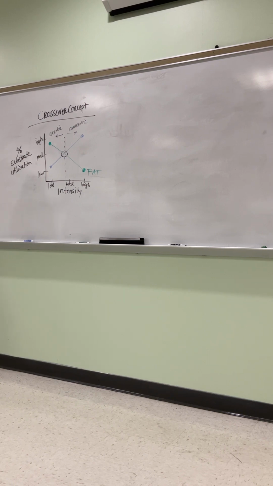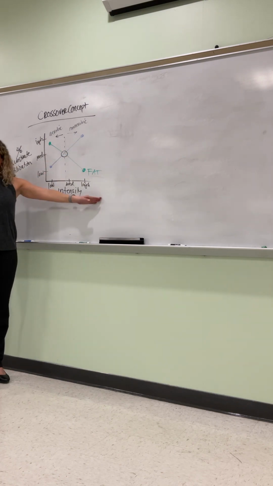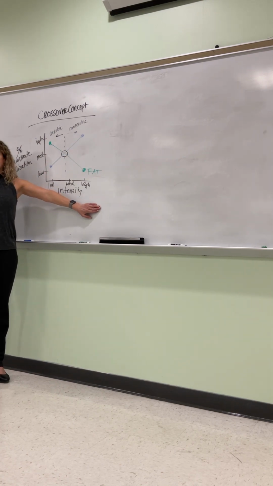So the crossover concept says basically we shift from fat as a primary substrate to carbohydrate as a primary substrate as our exercise intensity increases. Do you have questions for me so far?